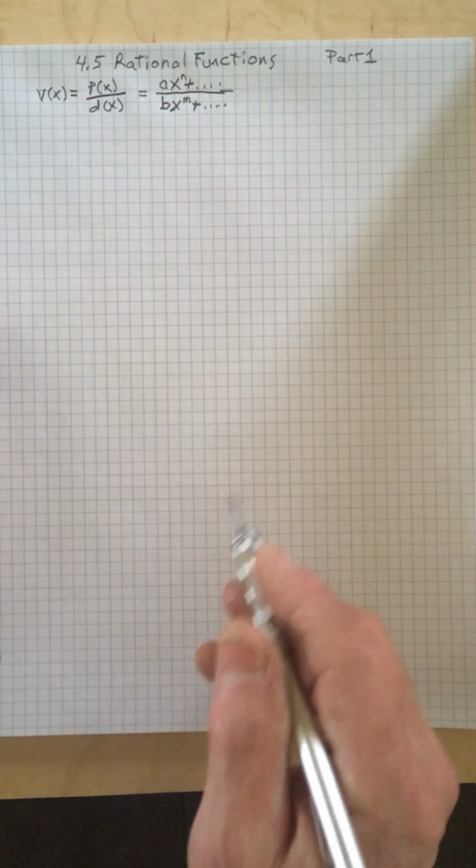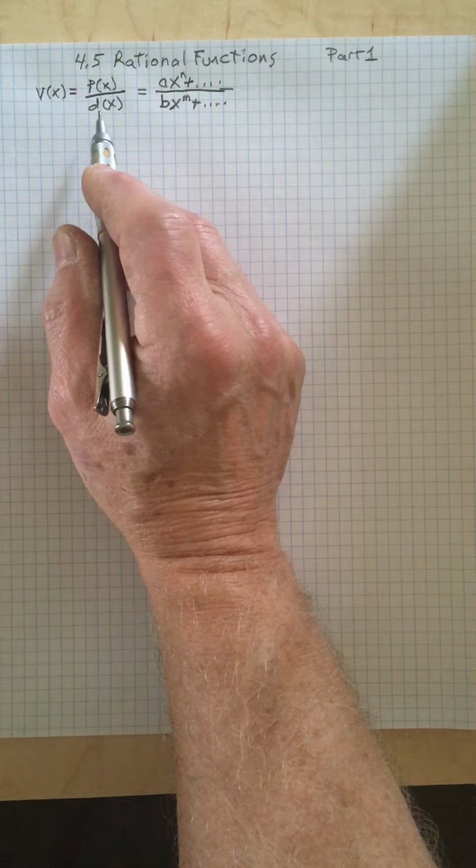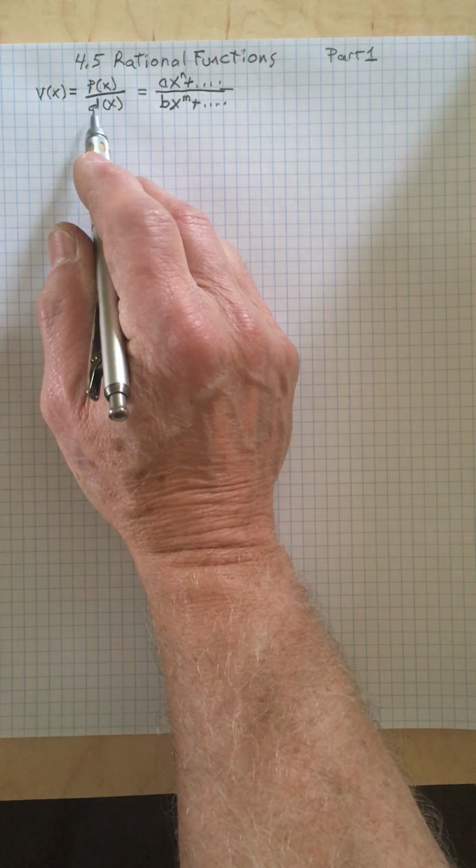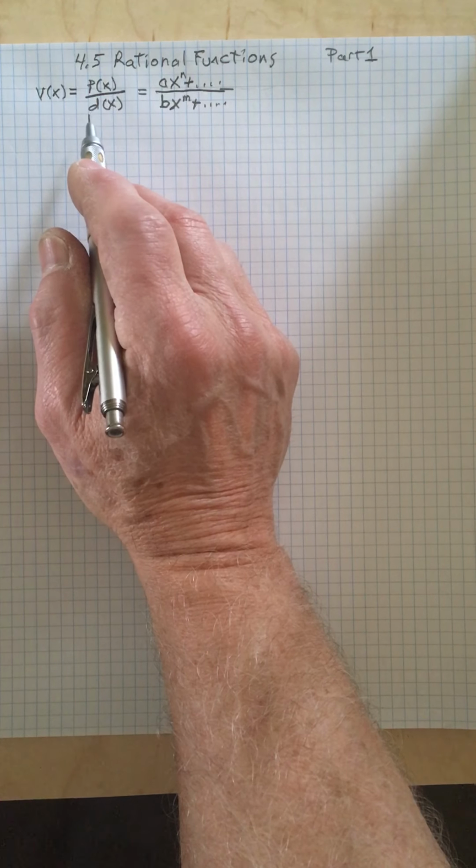Okay, so the first thing we could notice, and it'll actually lead to asymptotes: if this is a fraction, the denominator can't be 0.